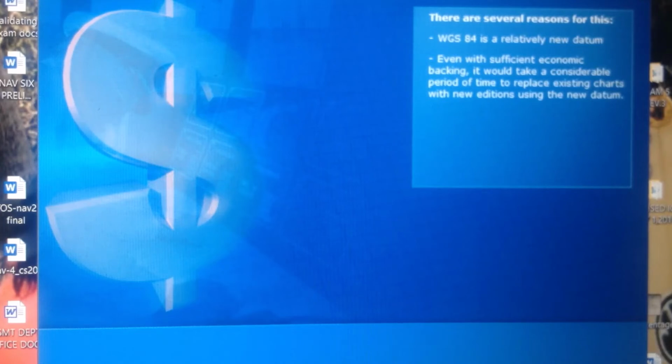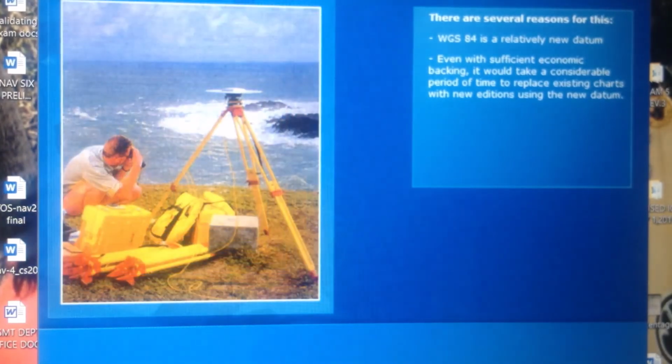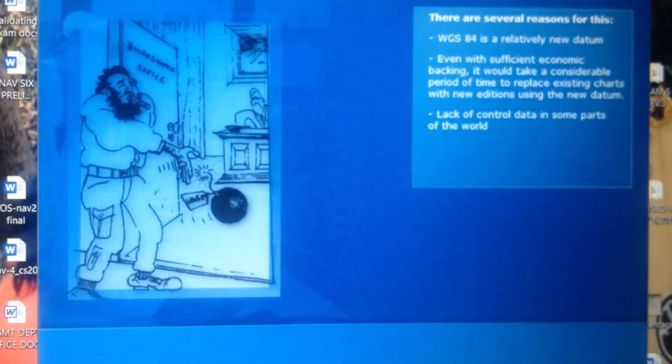Even with sufficient economic backing, it would take a considerable period of time to replace existing charts with new editions using the new datum. Lack of controlled data in some parts of the world. Various political reasons in several countries delay the process.